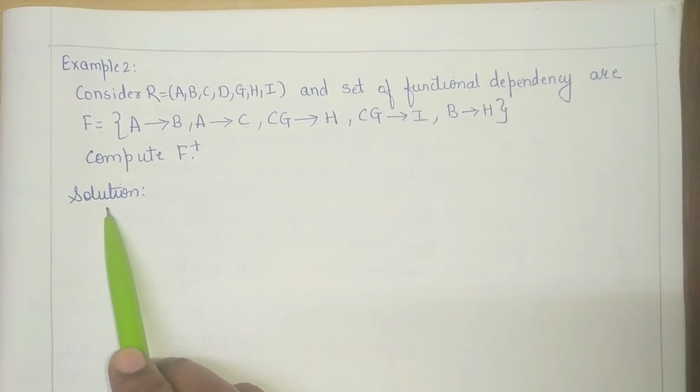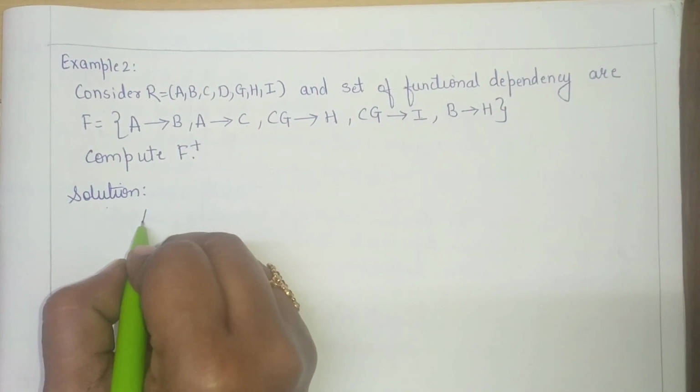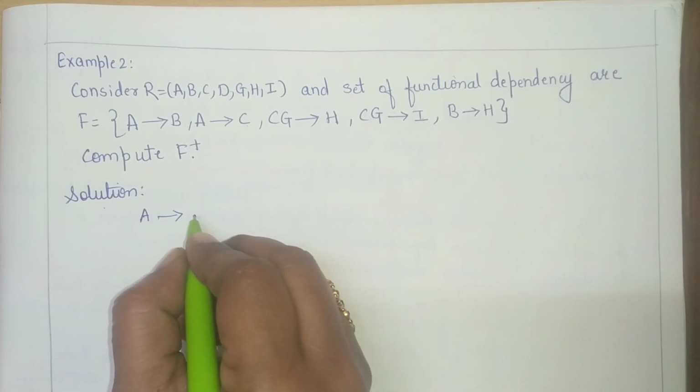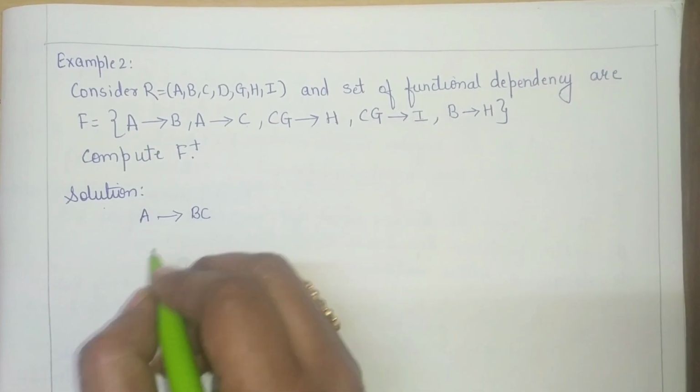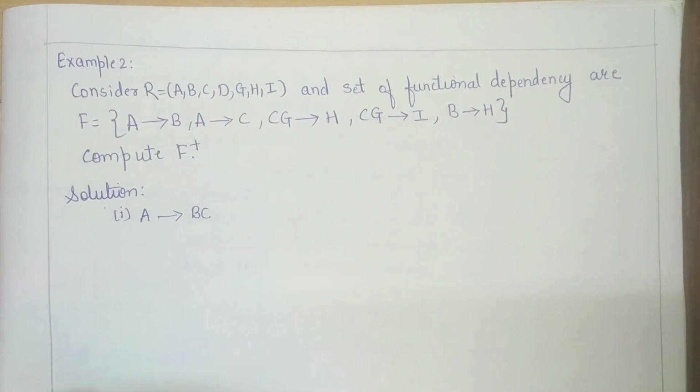Which hidden functional dependency will we get from this? We are going to get A determines BC. This is the first hidden functional dependency we got. How did we get this, students?